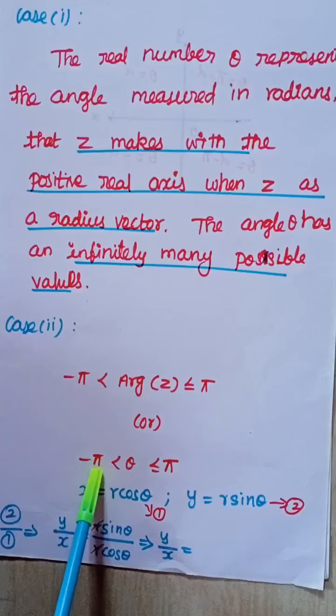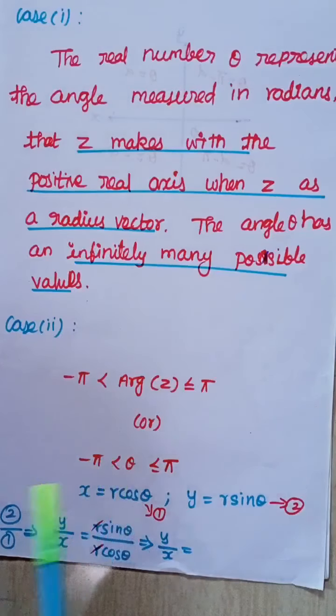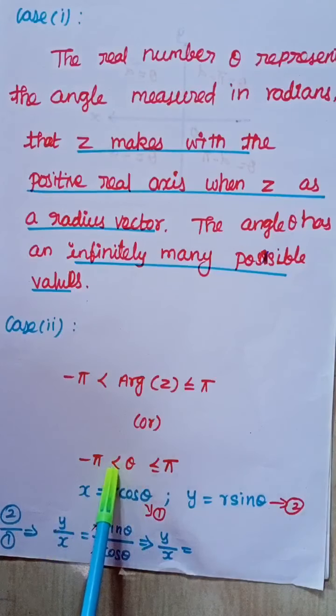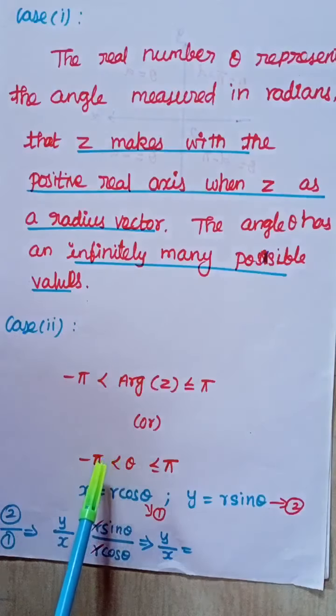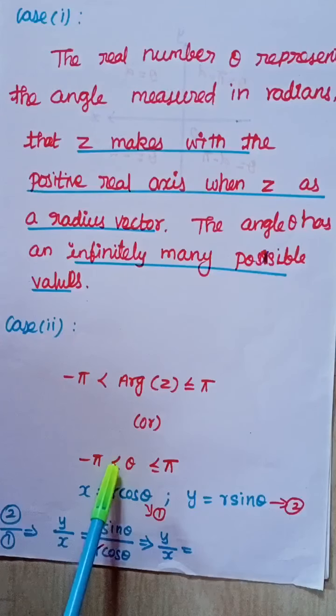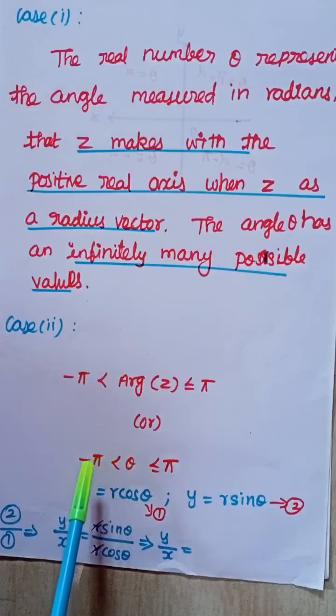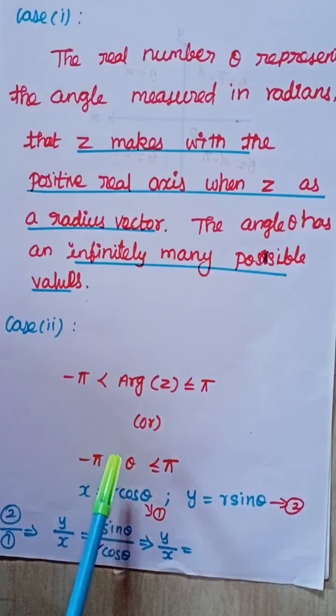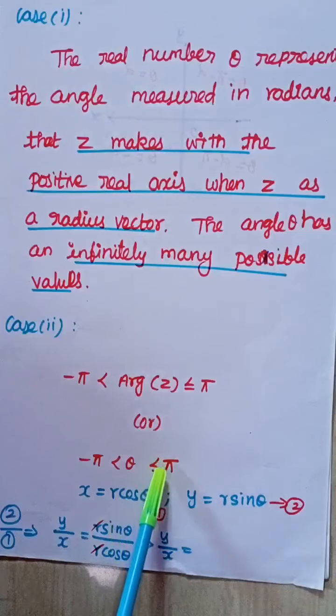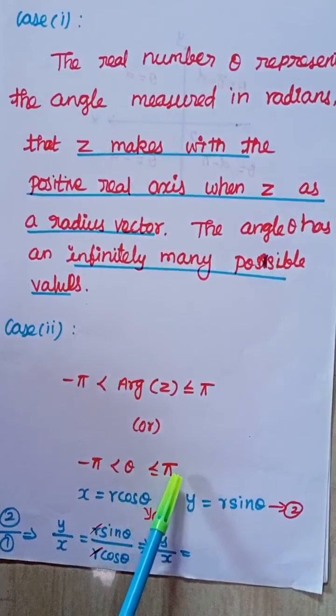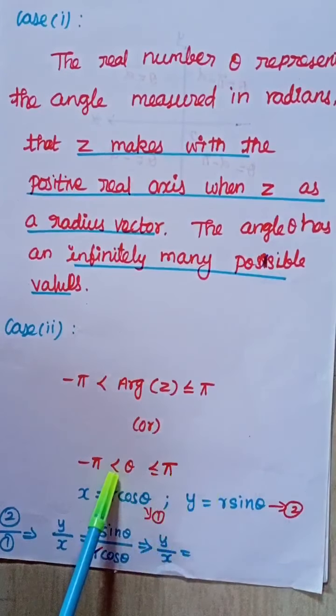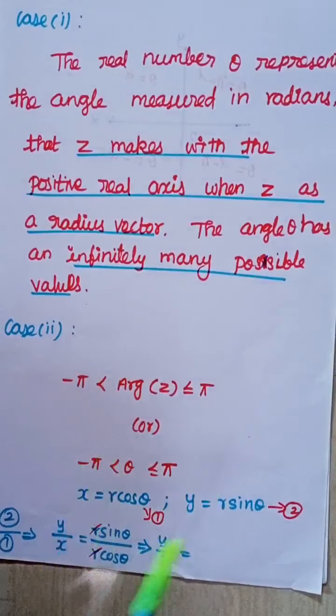But on the other side it is minus pi less than theta, so equal to does not exist. Only pi exists here, and minus pi does not.